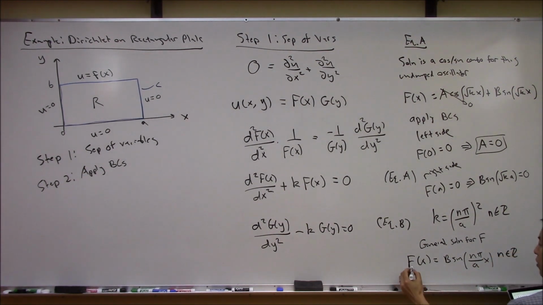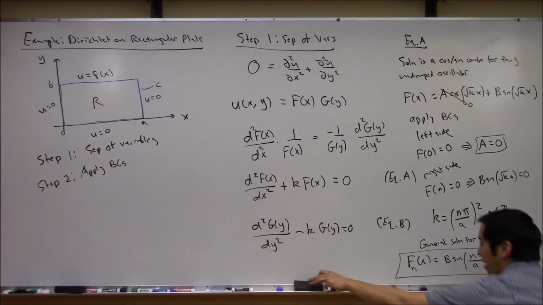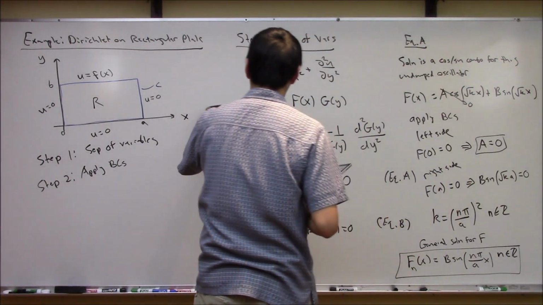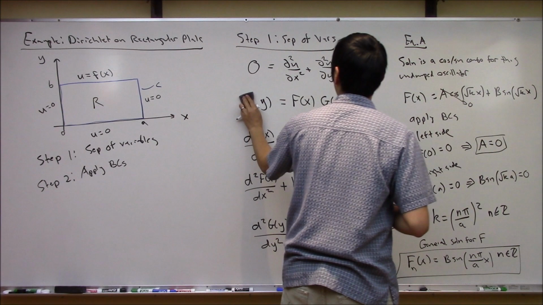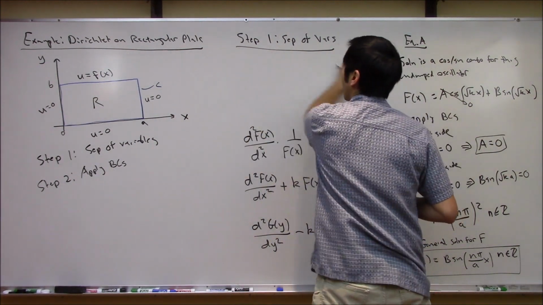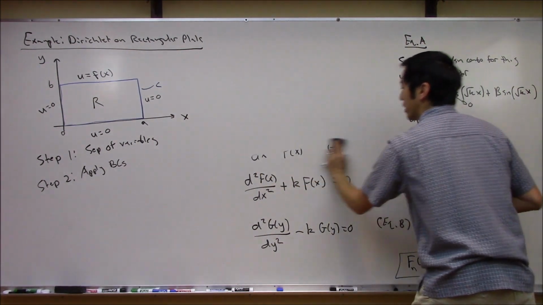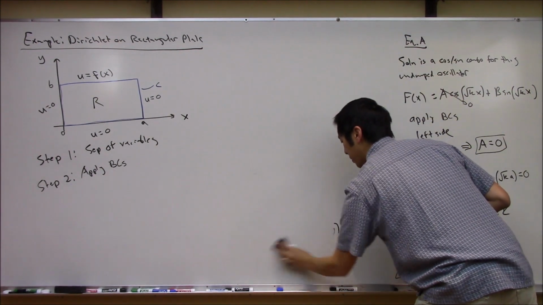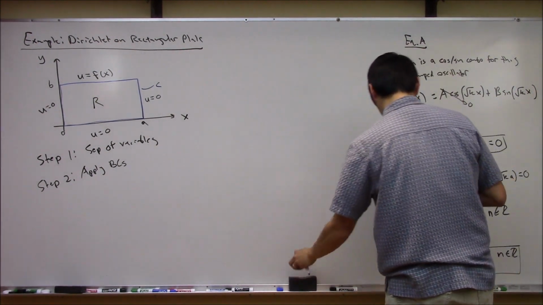And again, we'll adopt this f sub n, because you get a different solution for n equals 1, 2, 3, 4, etc. Great. Box this guy up. We got our f. Let's turn our attention now to the second ODE. I'm going to leave our picture up here because that might help us in a second. Okay, so our second ODE.